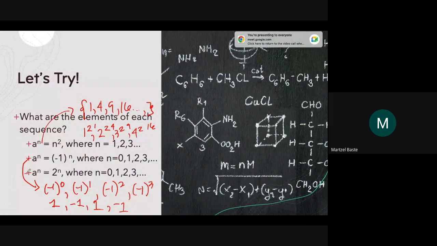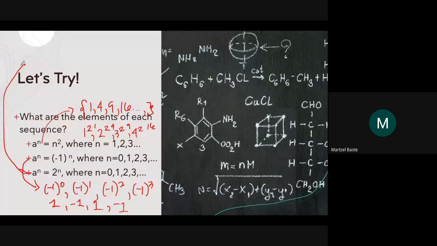Yung third one. Actually, sa next ang result, pero ato lang siyang i-solve. So, how about the third one? So, this is 2 raised to 0, 2 raised to 1, 2 raised to 2, 2 raised to 3.